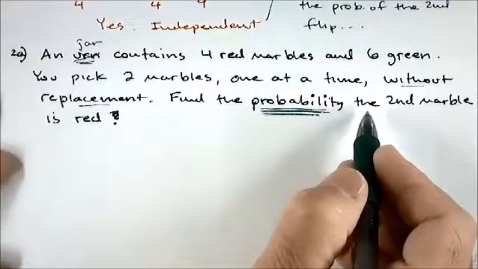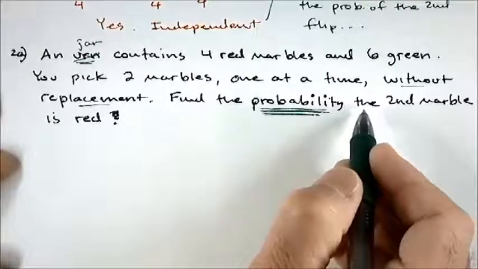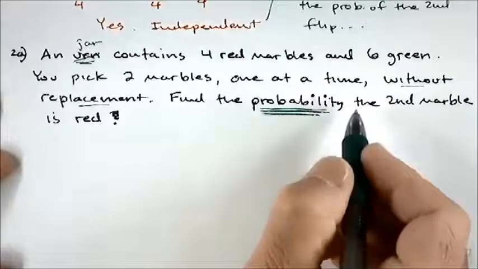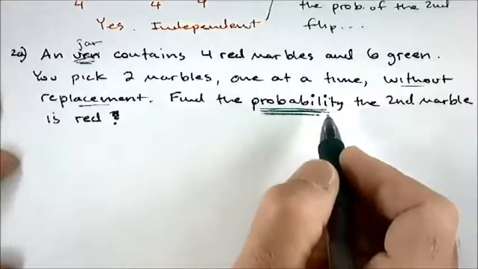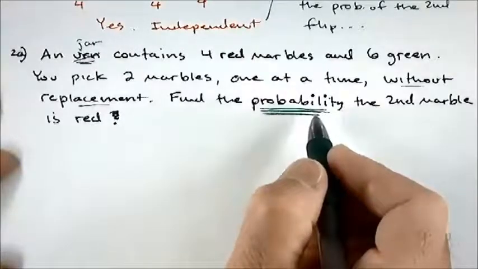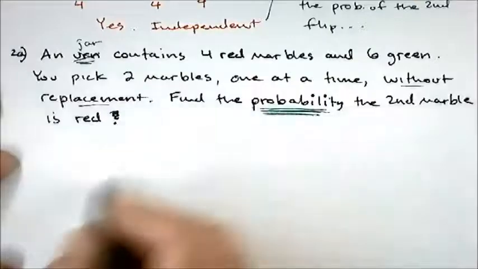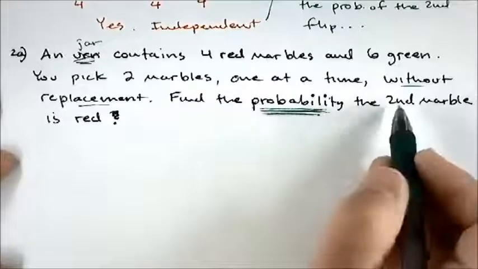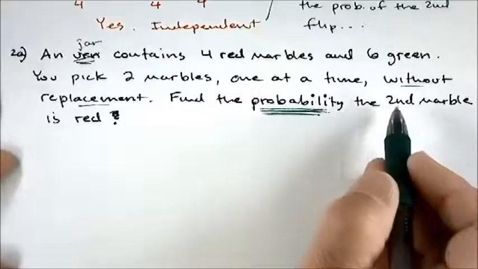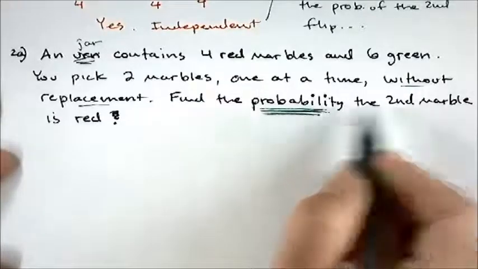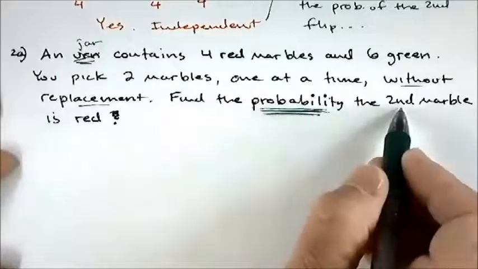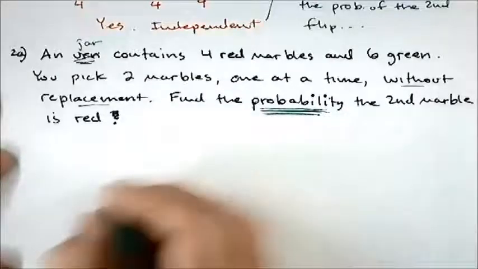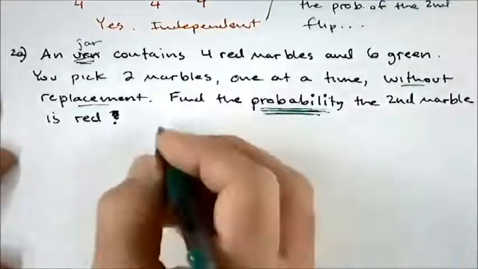Two different scenarios of picking 2 marbles where the second marble was red. Because what this depends on is whether my first marble was red or whether it was green. I could get the second marble being red in both cases, so I have to break this up.